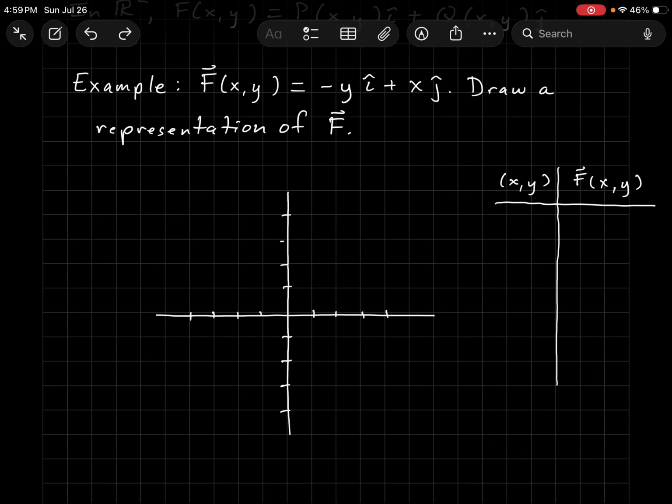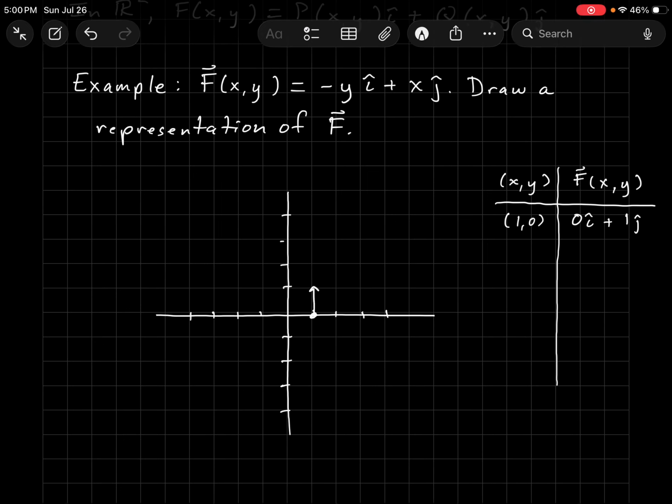associated with it. For example, if I choose the point 1, 0, notice that f of xy is negative y i, so negative 0 i, I just put 0 i, plus x j, plus 1 j. So at the point 1, 0, this vector field has the vector 0, 1.